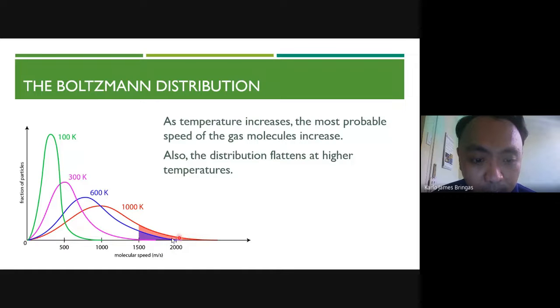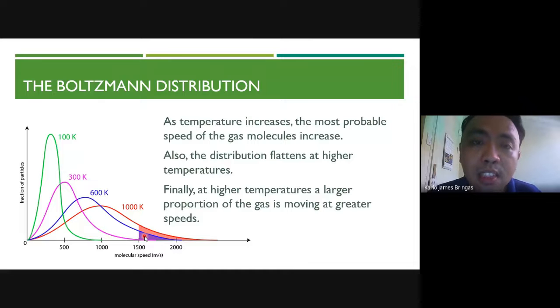It is covered a little by the blue area that we have. If you compare how big the blue area is to our red area, our red area is larger than the blue area. What this means is that as we increase the temperature, there is now a larger proportion of the gas that is able to move at higher and higher speeds, even greater than our most probable speed. So that is our trend for the temperature according to the Boltzmann distribution.